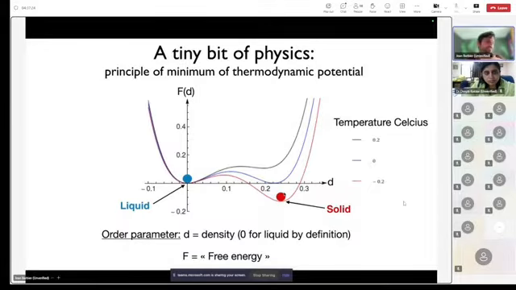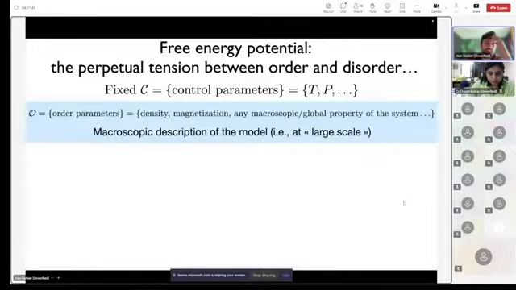It means that it is more favorable from the energetic and entropic point of view to be in the solid phase. And the moment where this function has two minima is the moment where the phase transition happens, when the equilibrium becomes the solid instead of the liquid.